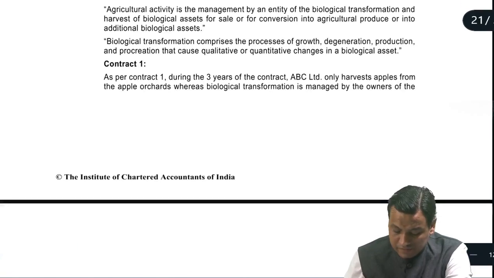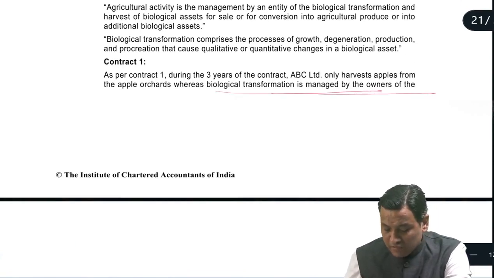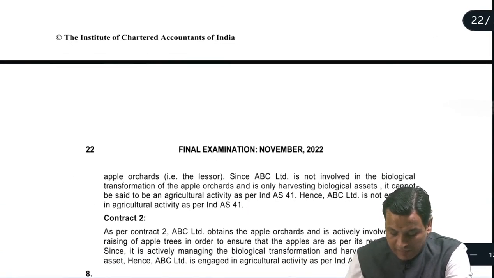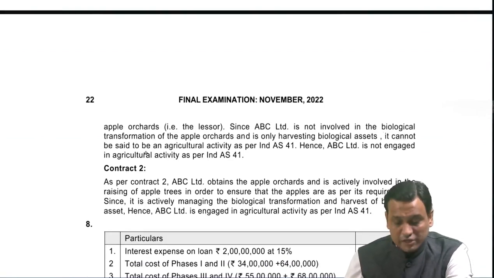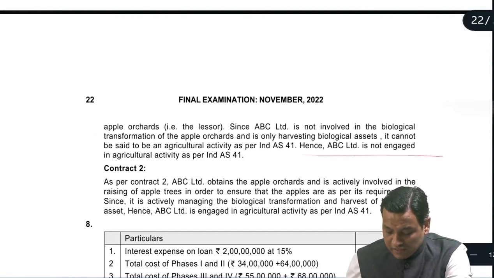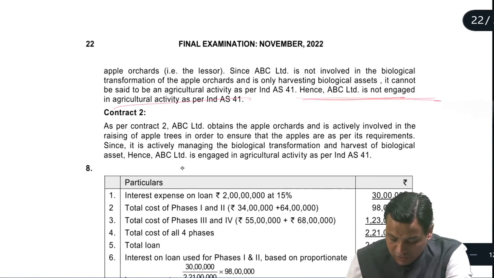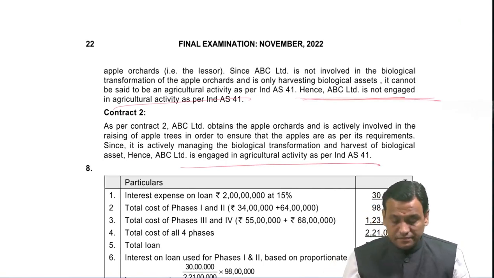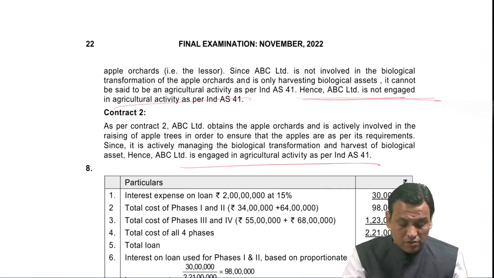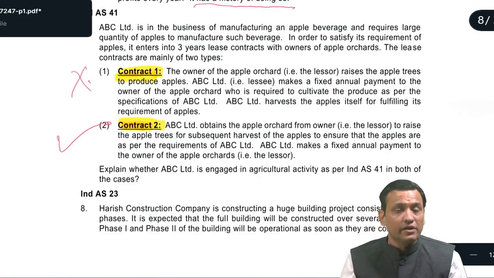In contract 1, biological transformation is managed by the owners of the apple orchard. Since ABC is not involved in biological transformation, it is only harvesting the biological asset. So ABC is not engaged in agriculture activity. In contract 2, yes, you are engaged in agriculture activity. So friends, a very small question on whether it is an agriculture activity or not.